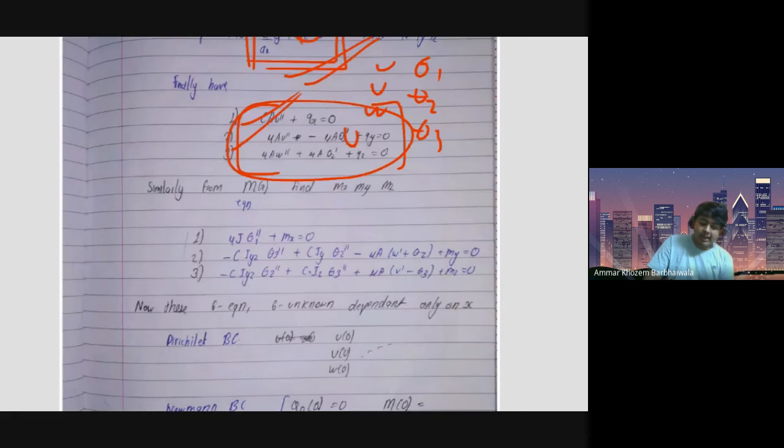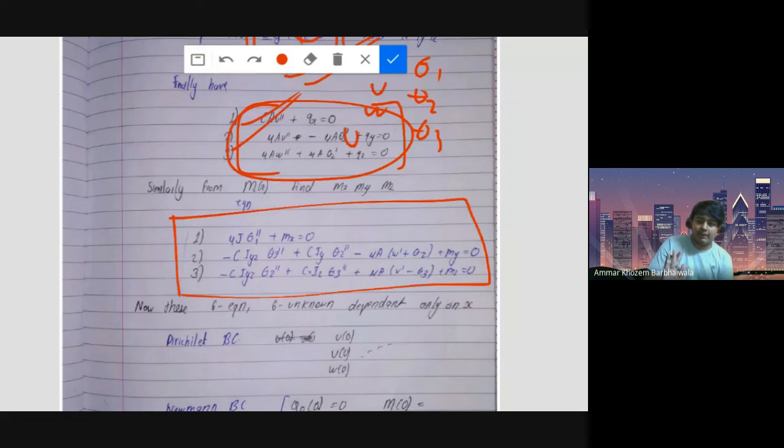From the moment balance equation we also have three equations. I don't think we need to remember these equations, because they are very simple, and they are derived in beam theory and also in the notes. I don't think you need to go towards it.